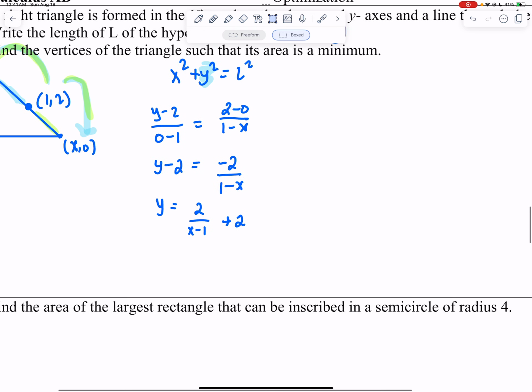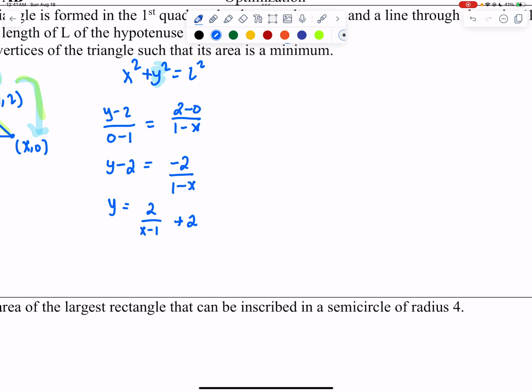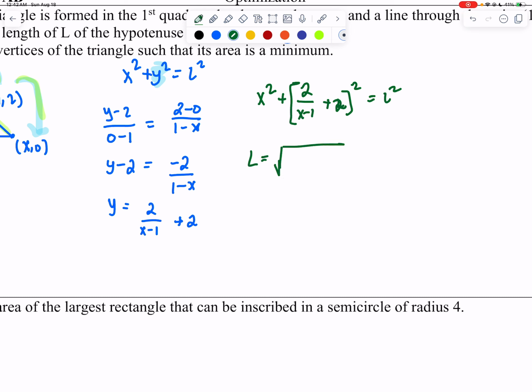So then if I plug this back into my y squared, I'm going to get x squared plus (2 over (x minus 1)) squared is equal to L squared. And then I am going to take the square root of this since I'm technically solving for L. That's going to give me this lovely mess right here.